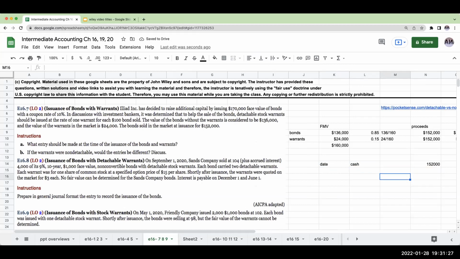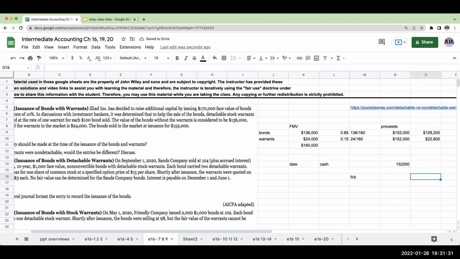My bonds payable is always going to be shown at face value, or $170,000. For my additional paid-in capital, stock warrants, which is what the book calls it, this is going to be 22,800.